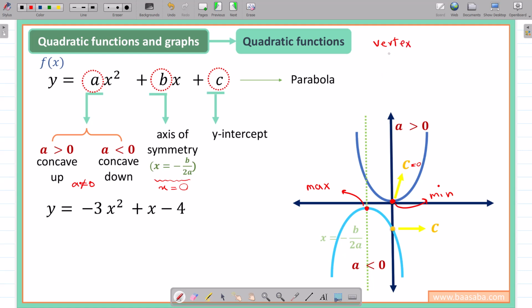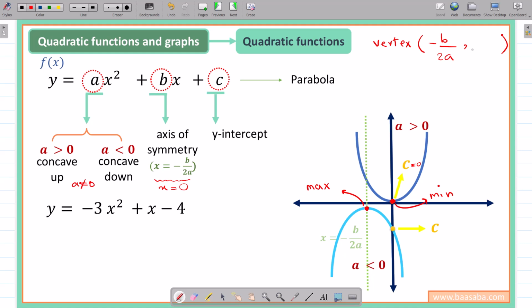The vertex of a quadratic function is a point that is located on the symmetry line. It has an x coordinate and a y coordinate. As it is located on the symmetry line, its x will be the same as the equation of the symmetry line, which is -b/2a.